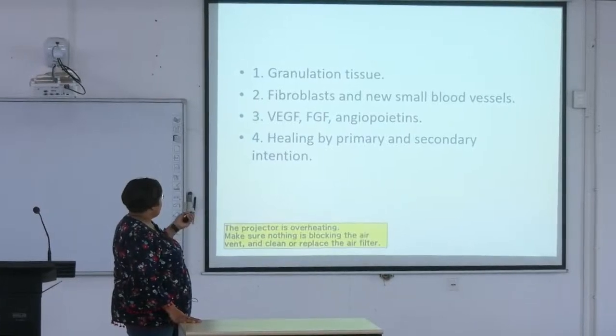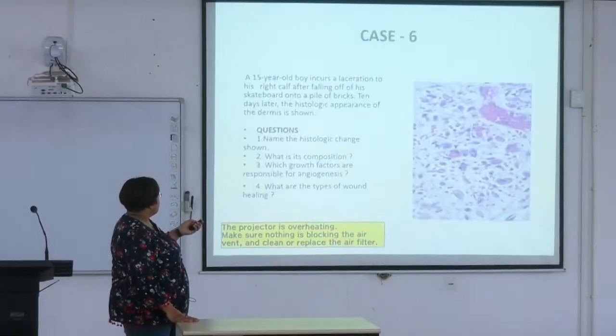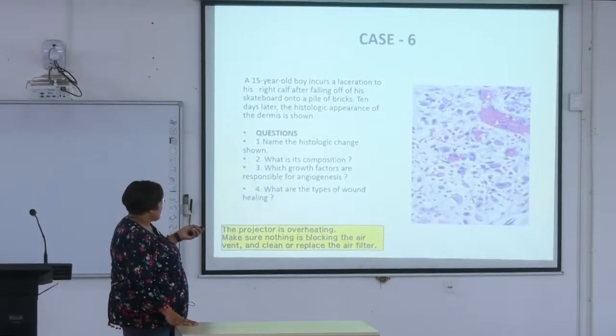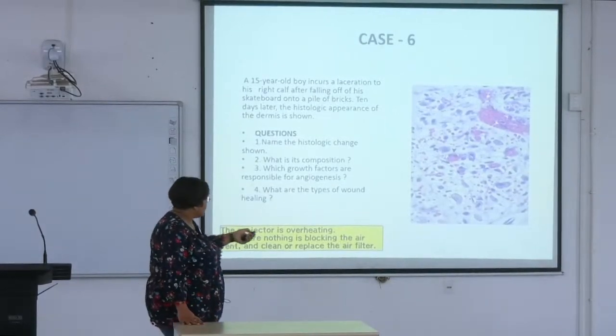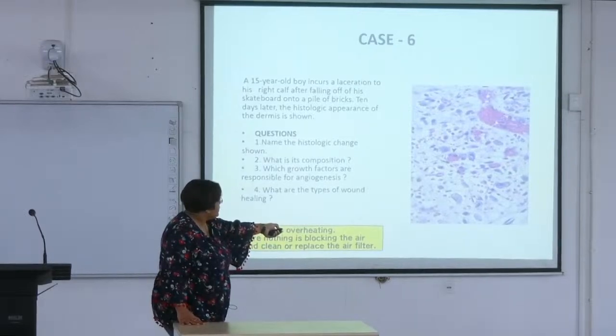and the cells are fibroblasts and new small blood vessels. So the composition is the fibroblasts. These elongated, tapered cells, these are the fibroblasts.